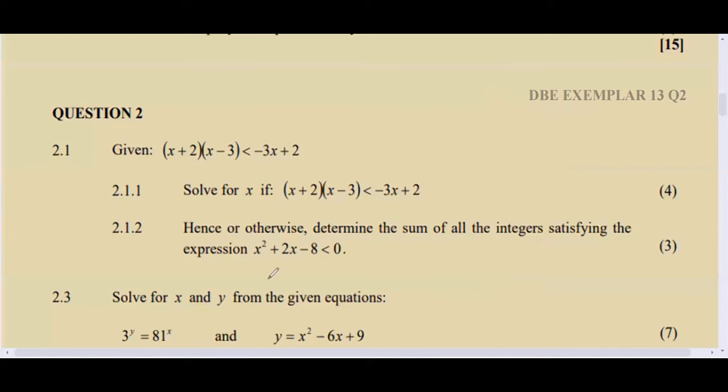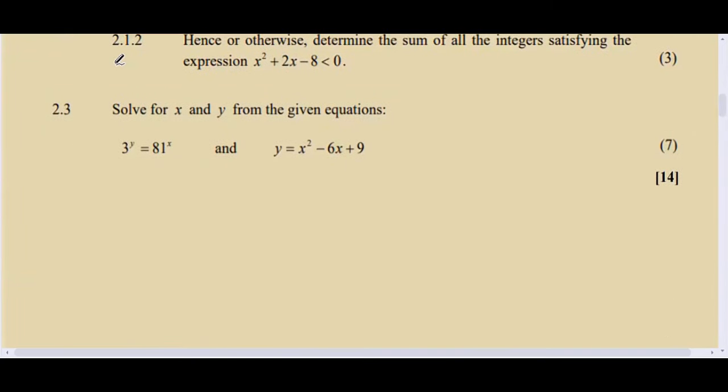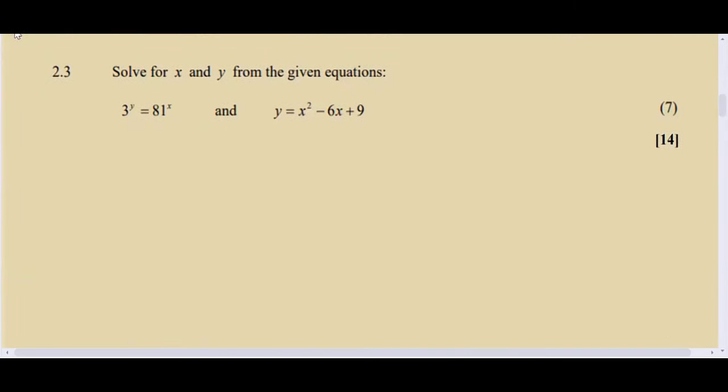Then 2.3, it's a simultaneous equation, right? So here we are dealing with a simultaneous equation. Guys, I know that this is kind of unusual because most of the time you don't see simultaneous equations in the form of exponents, right?